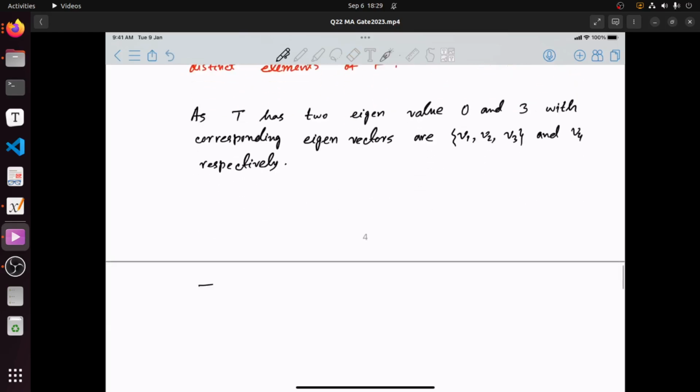So therefore the minimal polynomial will be x into x minus 3, right?